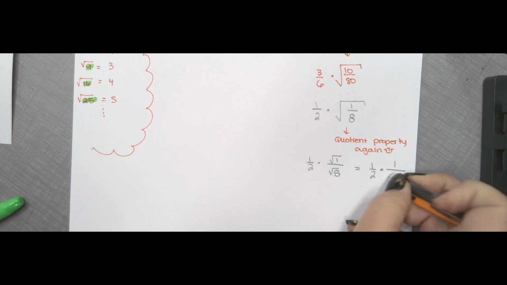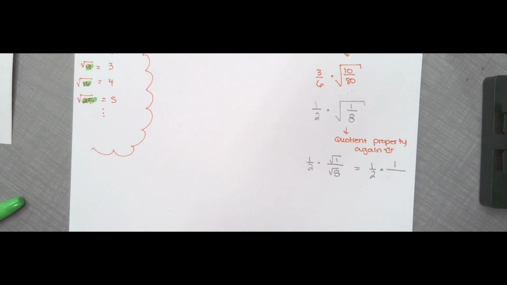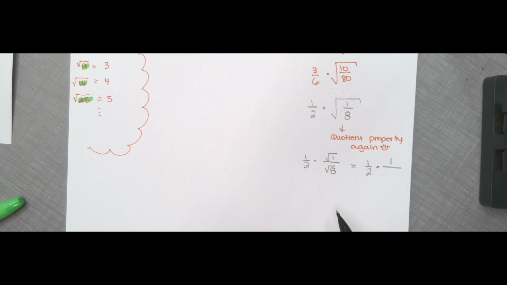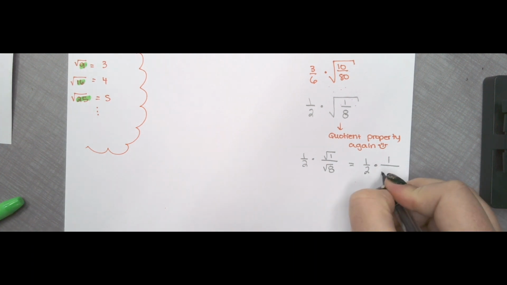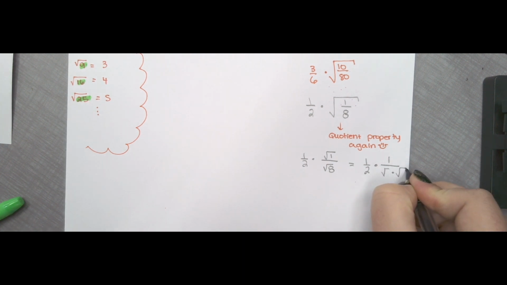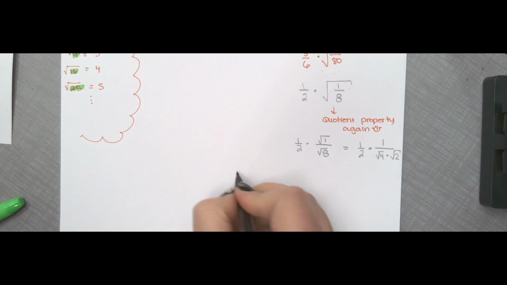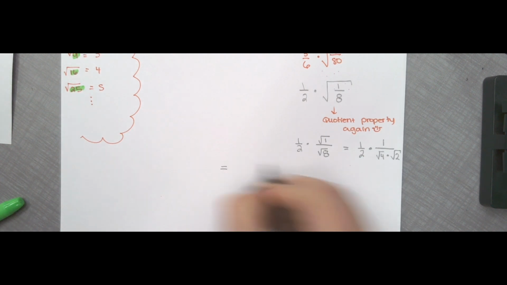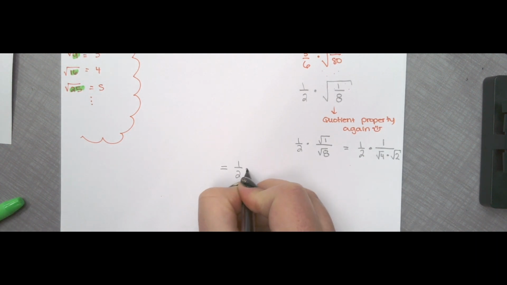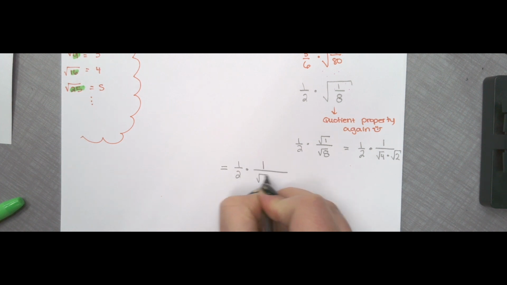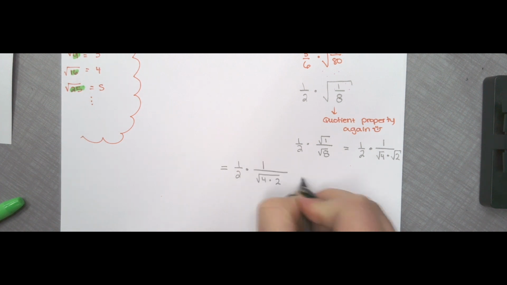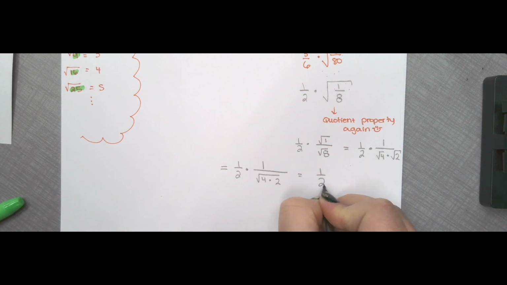And square root of 8, how do we simplify that? Split it up. What times what is 8 when one of them is a perfect square? Good, 4 and 2. So I'm going to rewrite it one more time. I got 1/2 times 1 over 4 and 2, which gives me 1/2 times 1 over 2 root 2.